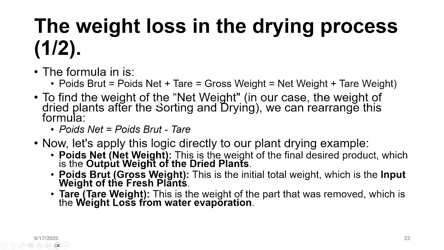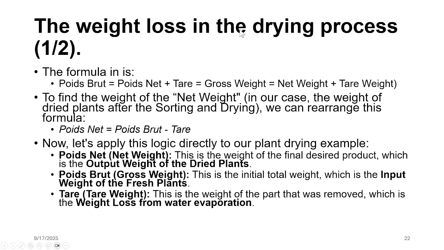To find the net weight, in our case the weight of dry plants after the sorting and drying, we can rearrange this formula, right? The net weight should be equal to the gross weight minus the tare.